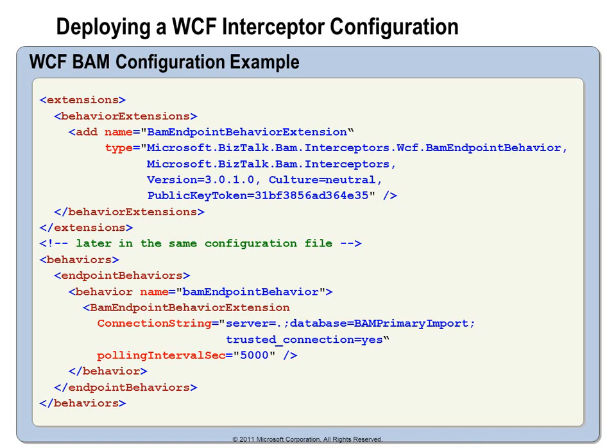This provides the same information or the same detail that we saw with the workflow interceptor, which is it gives the extension information about the primary import database. It can go look up its interceptor configuration from there. It knows where to write data. And it also knows how often to go back and poll for and find those changes that may have occurred to the interceptor configuration.